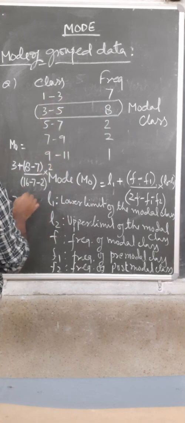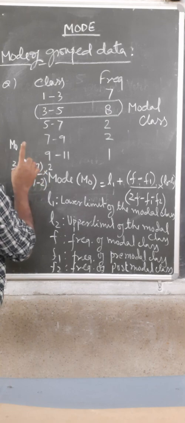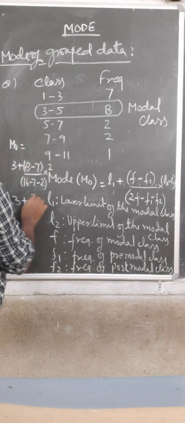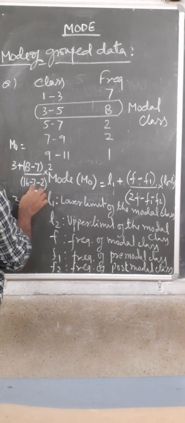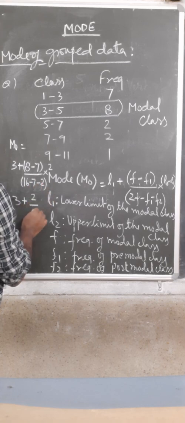So 3 plus 8 minus 7 is 1, 1 into 2 is 2, upon 16 minus 7 is 9, 9 minus 2 is 7.